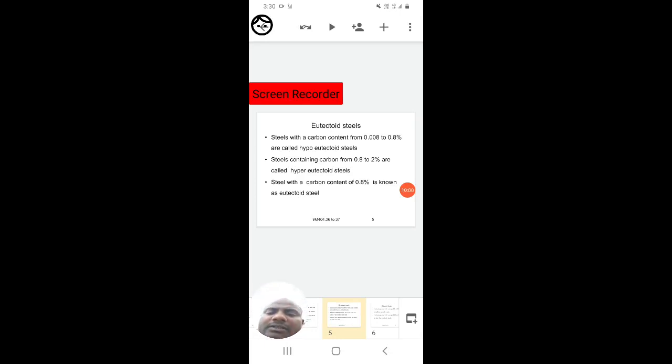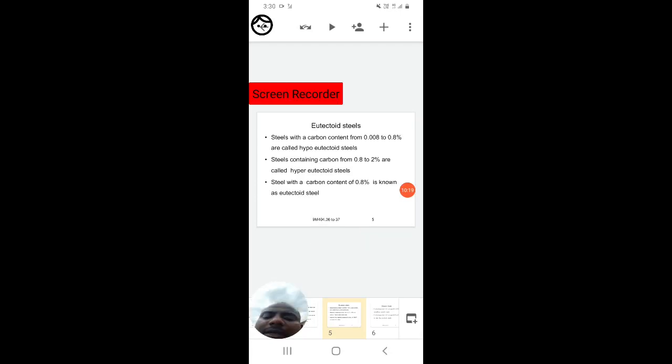So steels with carbon content from 0.008 to 0.8% are called hypoeutectoid steels. Steels containing carbon content 0.8 to 2% are called hypereutectoid steels.